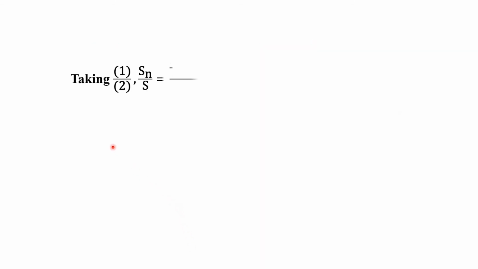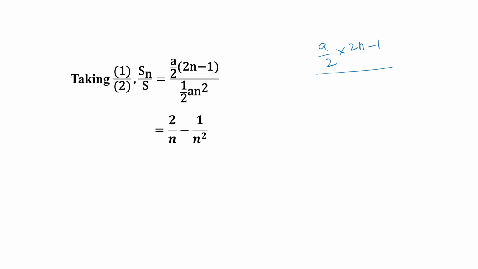Next, taking 1 by 2, that is Sn by S, is equal to a by 2 of 2n minus 1 by half a n square. Here a gets cancelled, and this becomes 2 by n minus 1 by n square. Here a by 2 into 2n minus 1, and here this is half a n square.